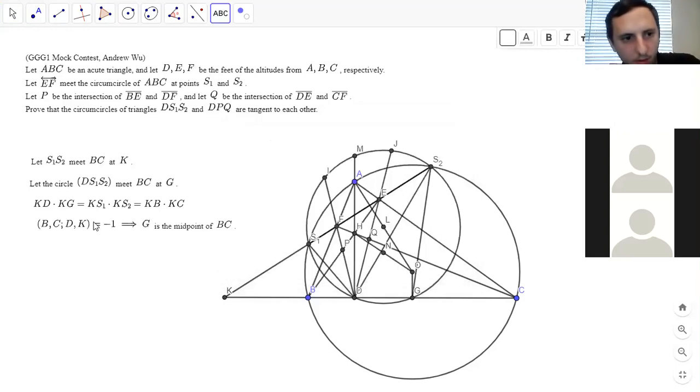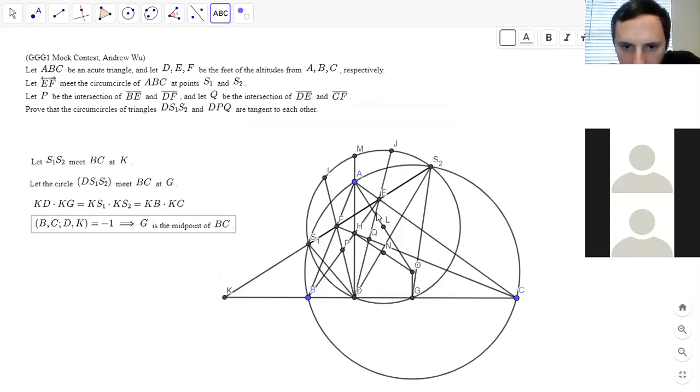How did we prove that A, L, O are collinear? We define L as the center of the circumcircle of S1, S2, right?